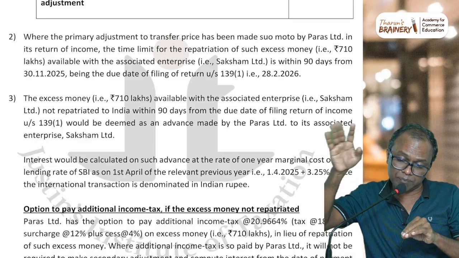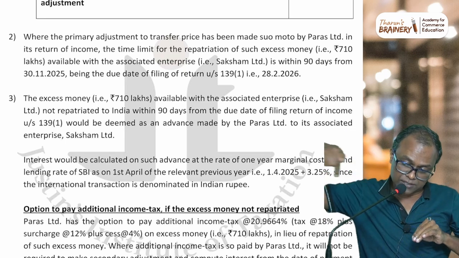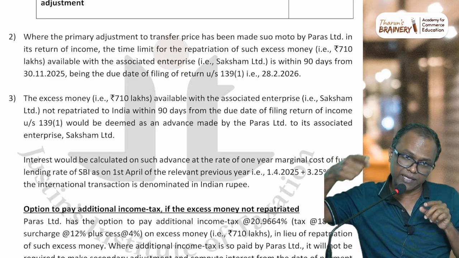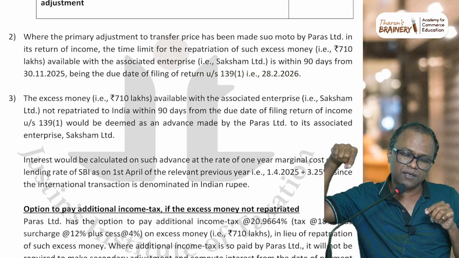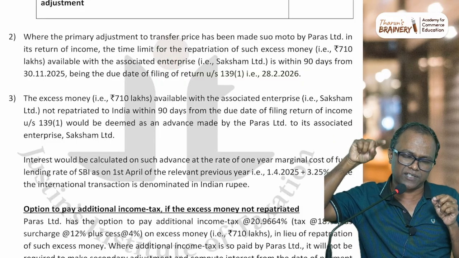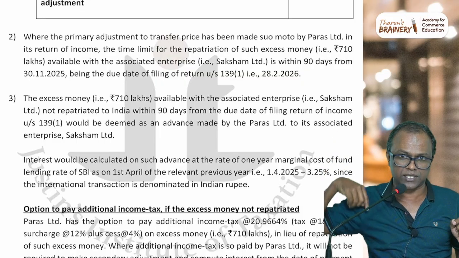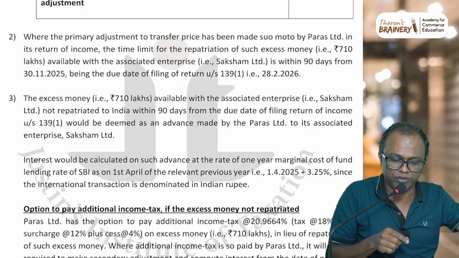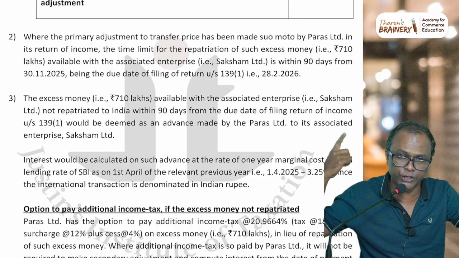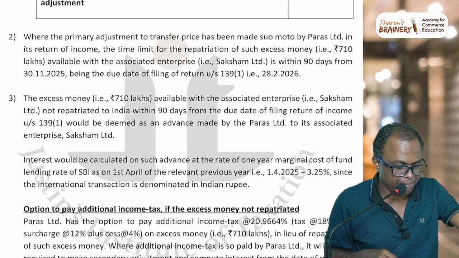Then if still not repatriated, next year 26-27, the entire year we will again calculate the interest for this money, but at that time the rate will be taken on 1st April 2026, the SBI lending rate plus 3.25. Likewise, it will continue till the repatriation.